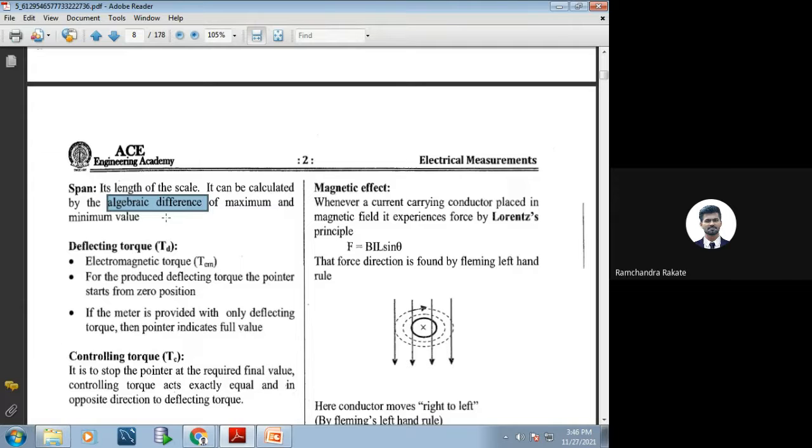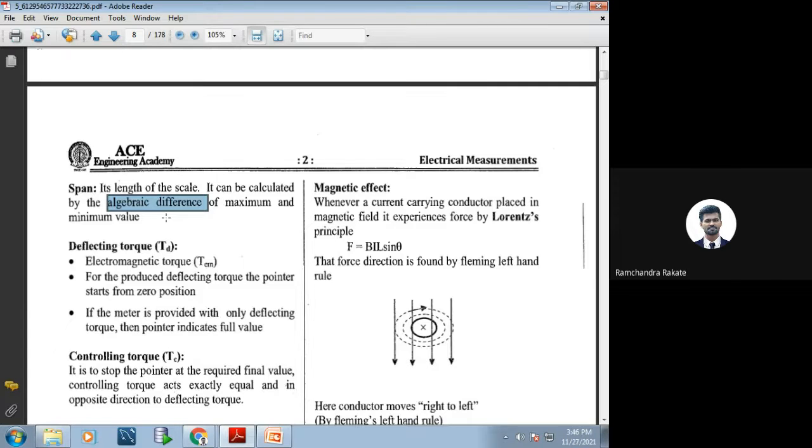So let us understand the deflecting torque. This is one of the important requirements in our indicating instrument. As its name shows, it is a deflecting torque. When the instrument is connected in the circuit for the given measurement of an electrical quantity, whatever deflection we achieve through the pointer is caused by the deflecting torque.